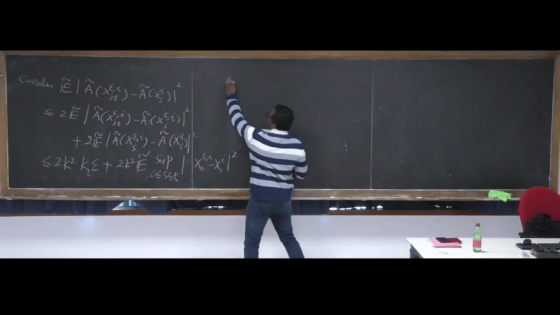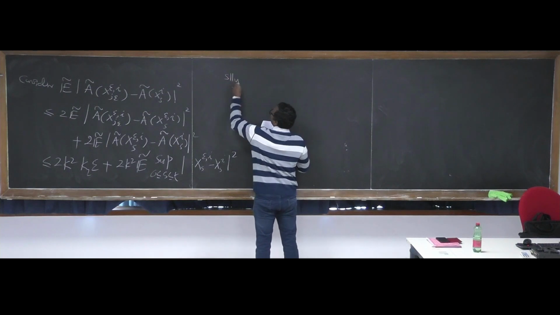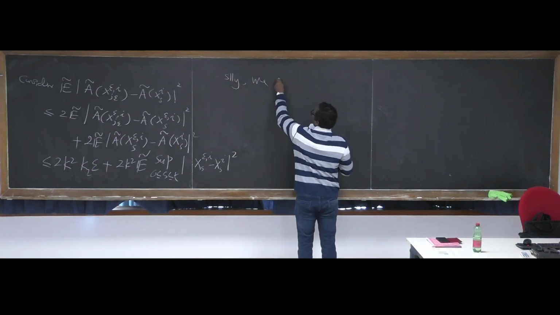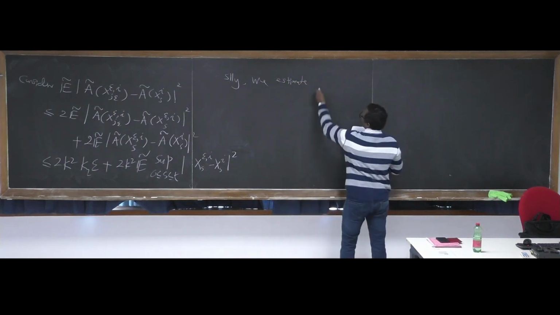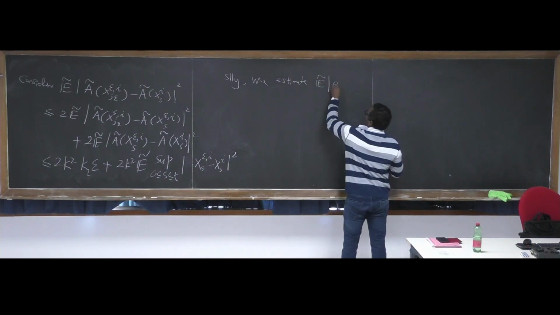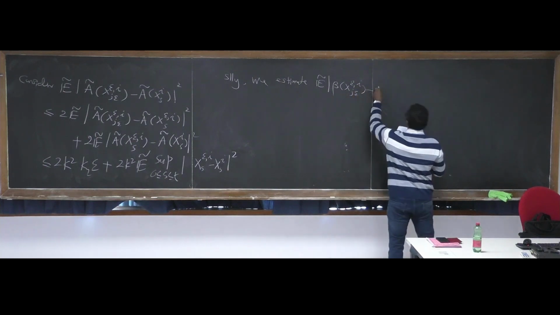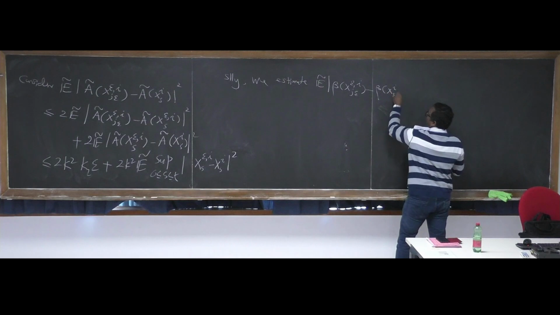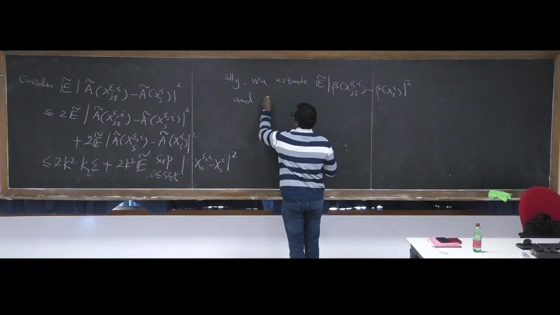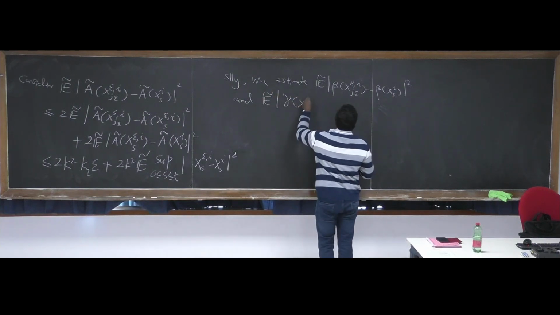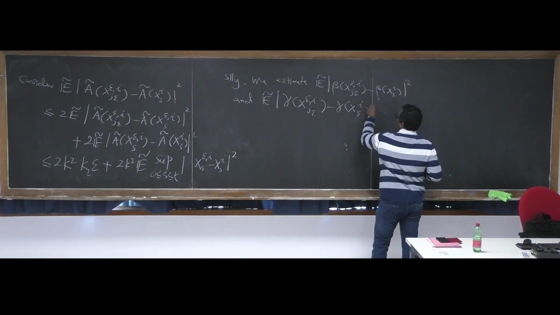By following similar steps, we can estimate the expectation of β(X^ε_i(ε)) minus β(ξ^i) squared, and γ.